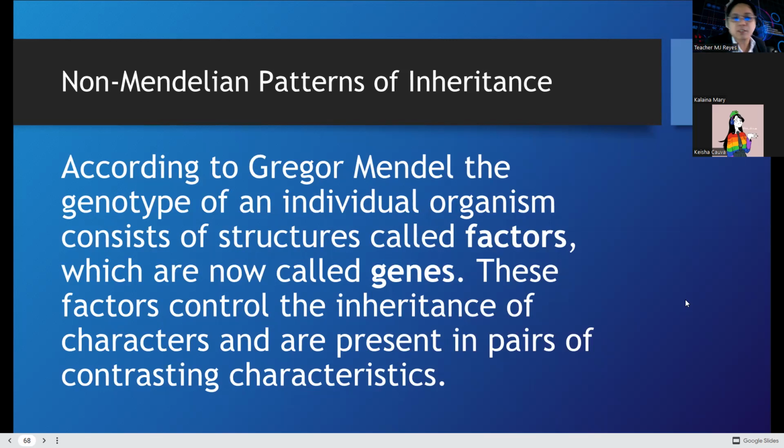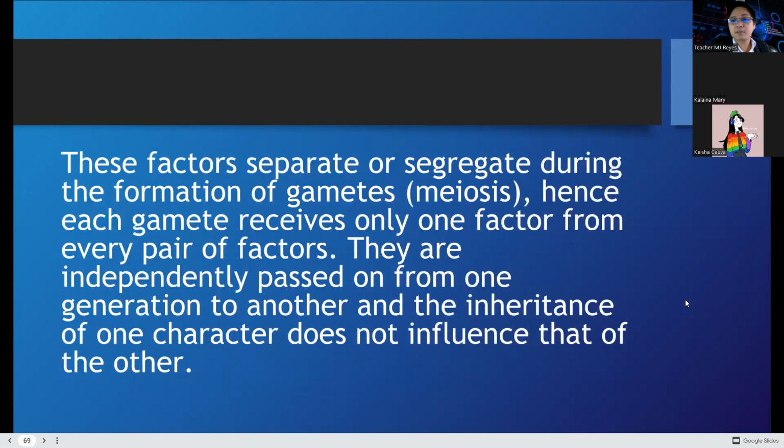This is the complete set of genes, consisting of structures called factors, which are now called genes. These factors control the inheritance of characters and are present in pairs of contrasting characters. These factors separate or segregate during the formation of gametes, in meiosis. Hence, each gamete receives only one factor from every pair of factors. They are independently passed on from one generation to another, and the inheritance of one character does not influence that of the other. Okay? Take note.